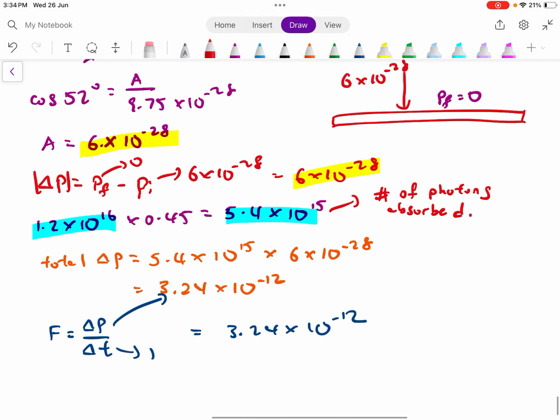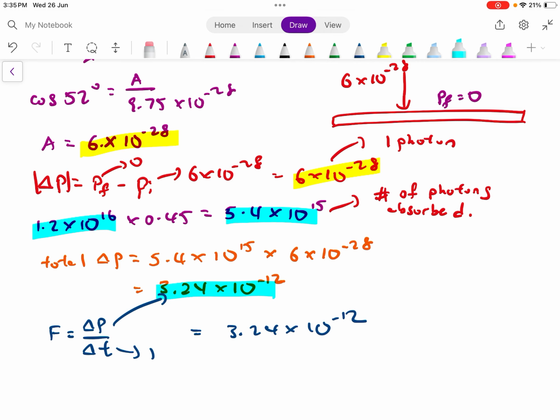Okay, then you determine what is the total change in momentum, because this one is the change in momentum for only one photon. So I want to determine the total change in momentum for all the 45% of the photons. So you simply multiply, which should give you 3.24 times 10 to the power negative 12. So that is the total change in momentum for all the 45% of the photons.